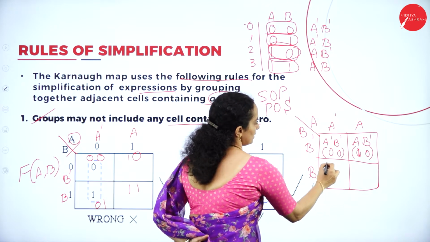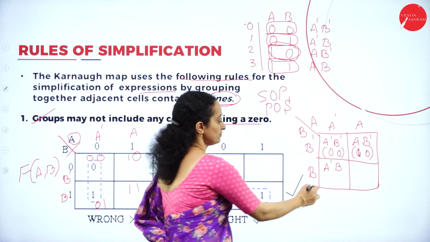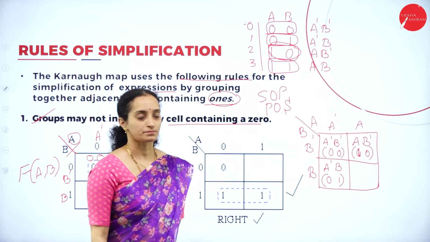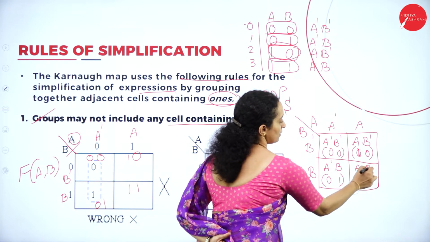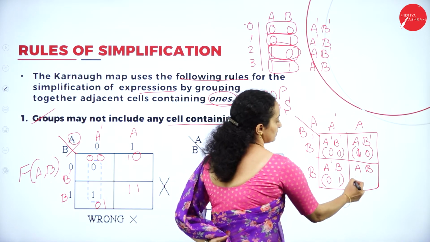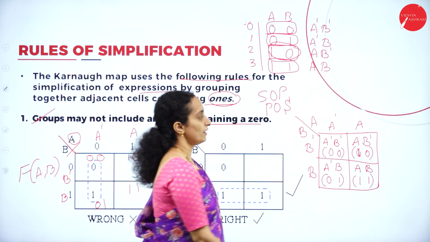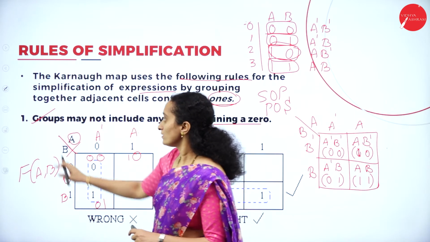This is A dash B, which represents 0, 1. Now this is A and B. Here this is 1, 1. Okay. Now you can interchange the values even.